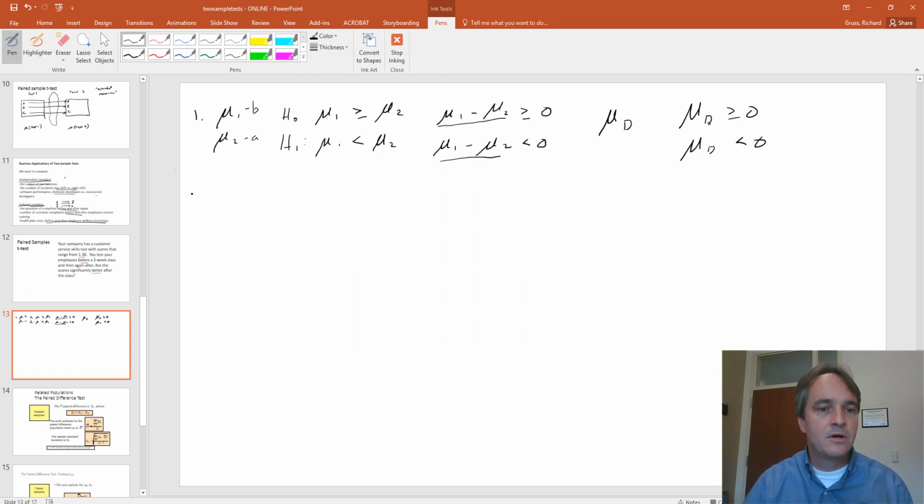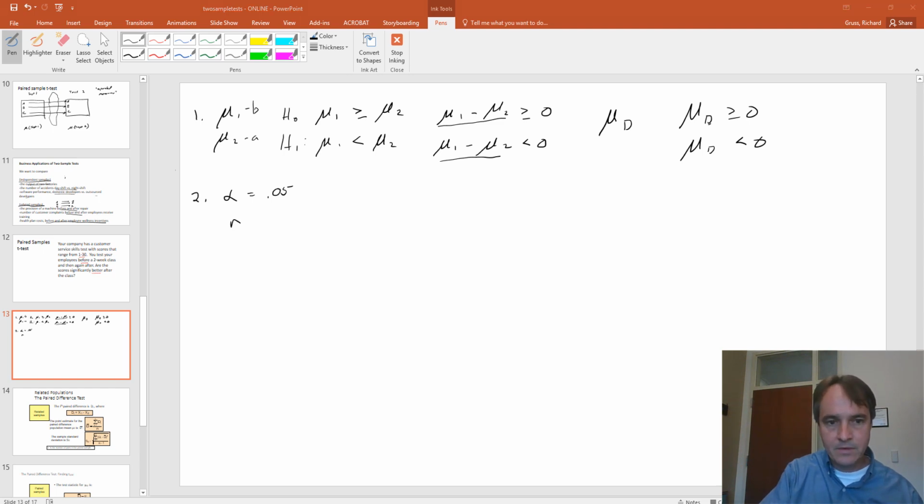Okay, we've got our hypotheses set up. So we need to specify the desired level of significance. Of course, we'll set that equal to 0.05 again. And our sample size. Well, I've actually got some data here.